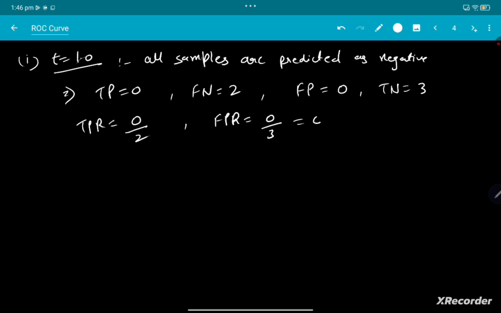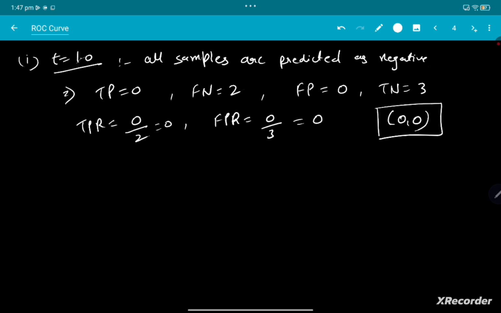So it is also 0. So now we have obtained the coordinates of our TPR and FPR, which is 0 comma 0. So at threshold t equal to 1, we get this coordinate of our curve.